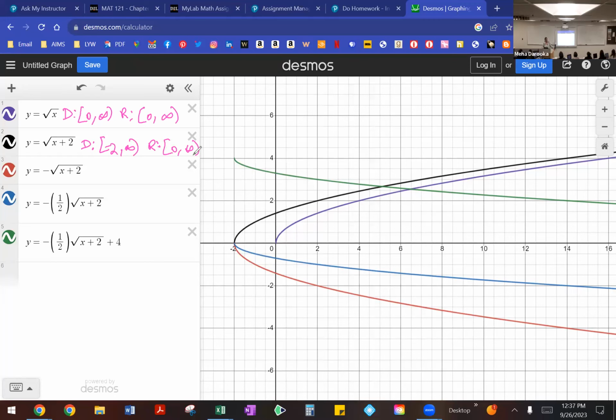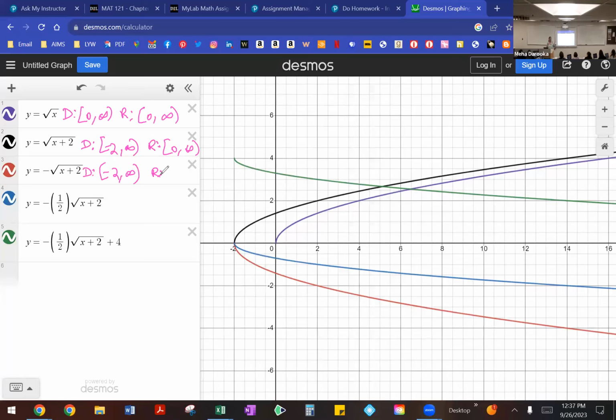Okay, when we did the reflection, which is the graph in the red, what changed, domain or range, or both? What changed with the reflection? Both, so what's our new domain? -2. So actually, it did not change our domain.